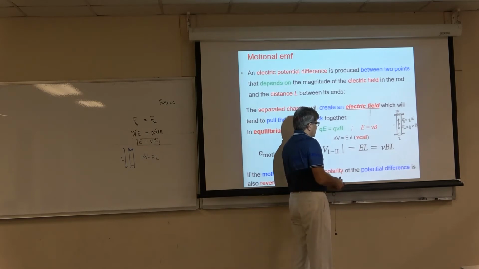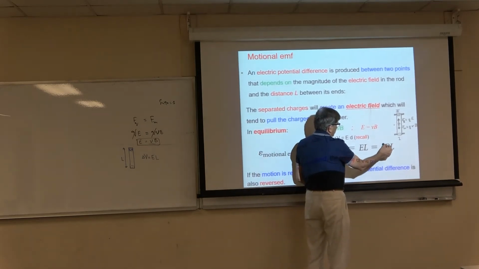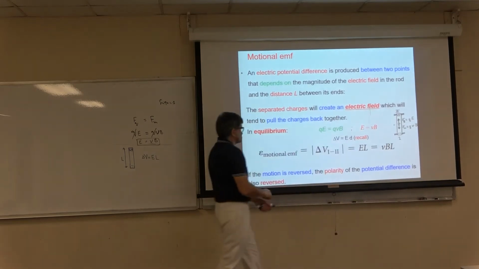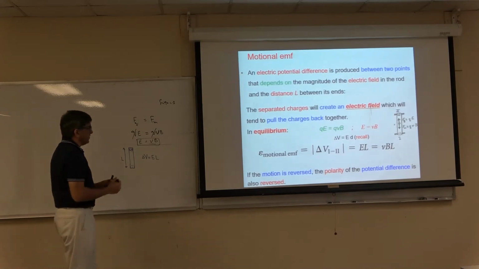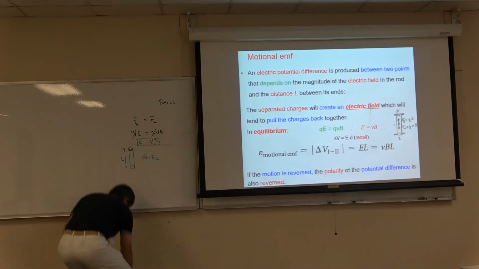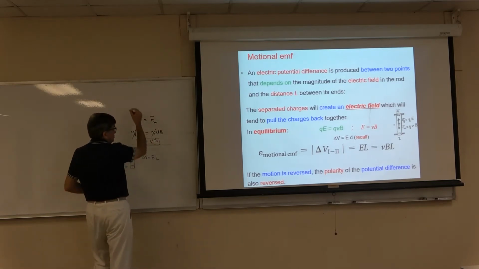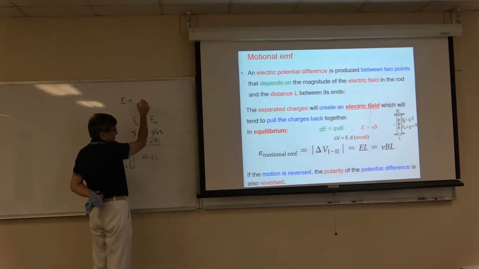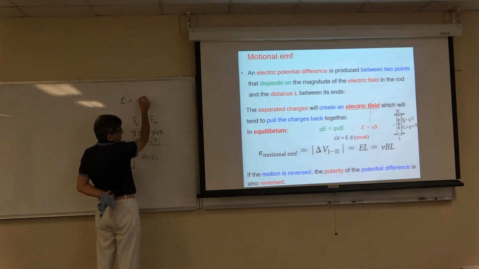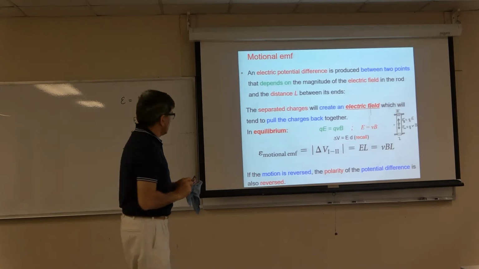So I replace the electric field with velocity times the magnetic field. I get an interesting relation: the motional EMF is equal to V, velocity, times the magnetic field times the distance, which is the length of the bar.